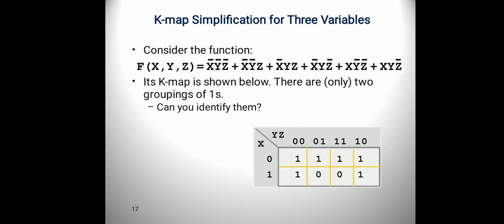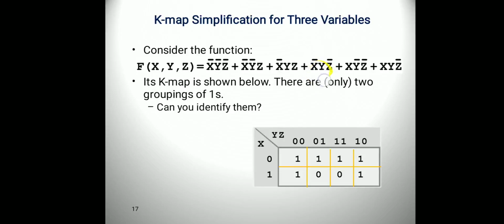Second, x is 0, y is 0 and z is 1, meaning x is 0 first row, y is 0, z is 1, this cell. Third is yz both 1 1, this column, and x is 0 because x is in complemented form. This cell contains 1.